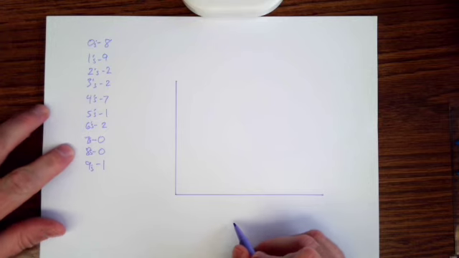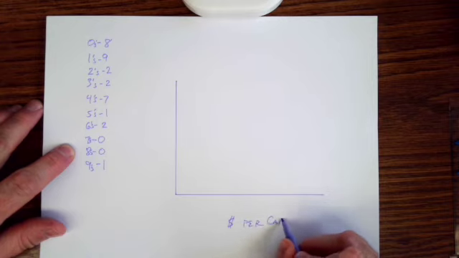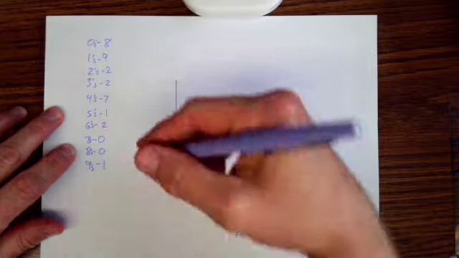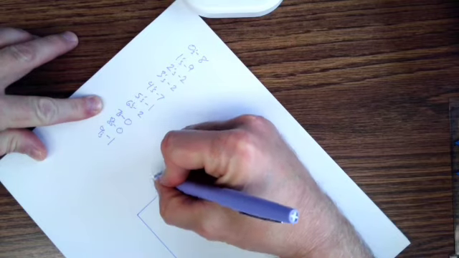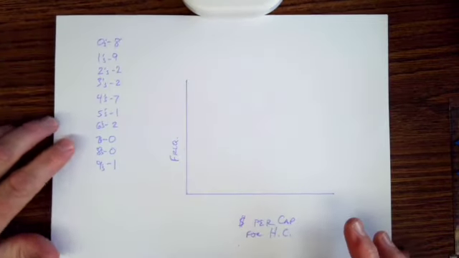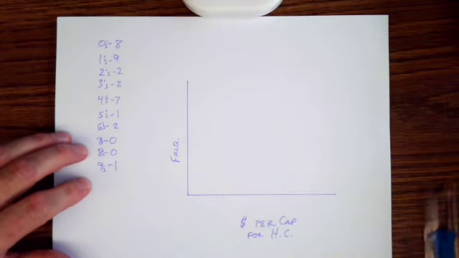Along the bottom is dollars, international dollars, which is the way the graph was broken down, per capita for healthcare, and I'm just going to use a bunch of abbreviations for speed here. Then up the side, I'm going to turn that just a little bit. This is the frequency of those. You want to mark this out as best you can, keeping it even.